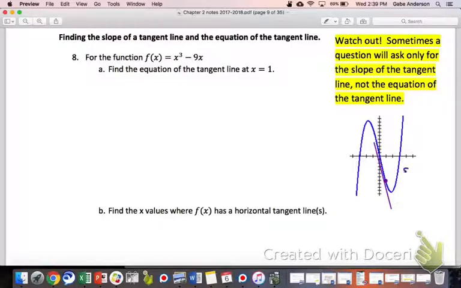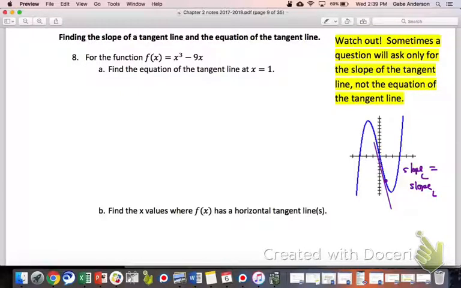The slope of the curve equals the slope of the line. Boy, you can't see that, can you? Let me retry that. Slope of the curve equals the slope of the line. Better? Slope of the curve and slope of the line are the same at the point of tangency.